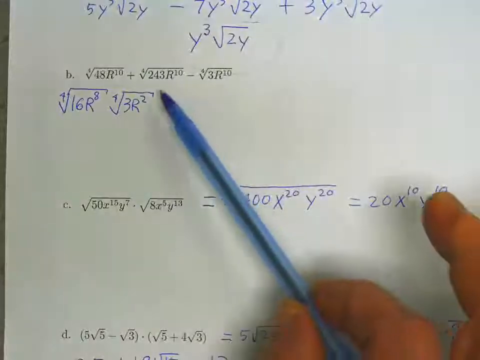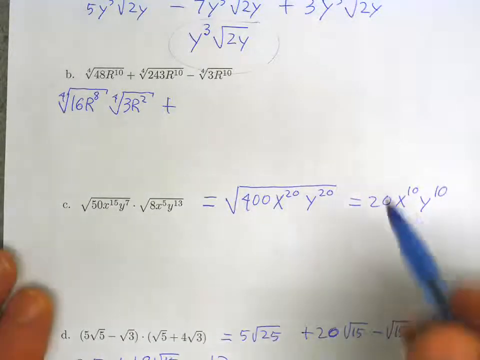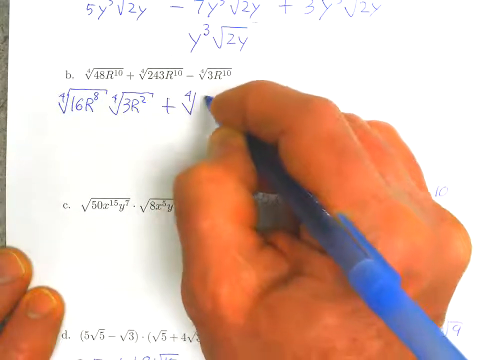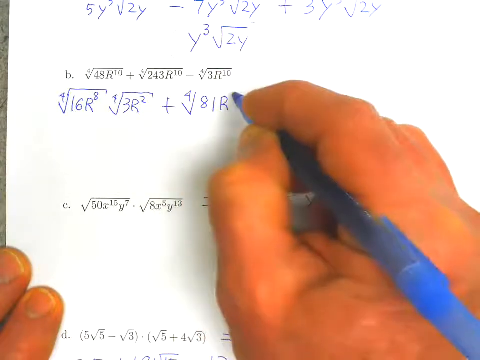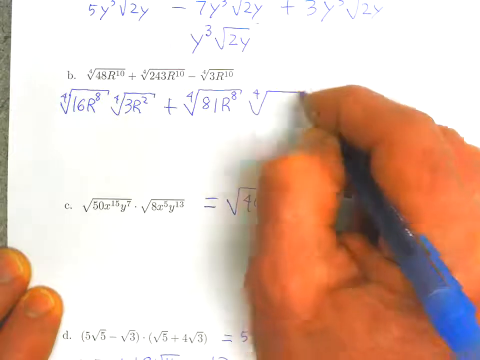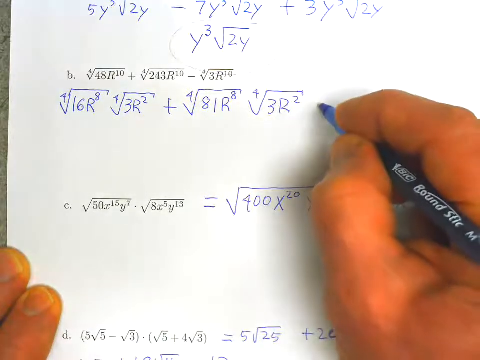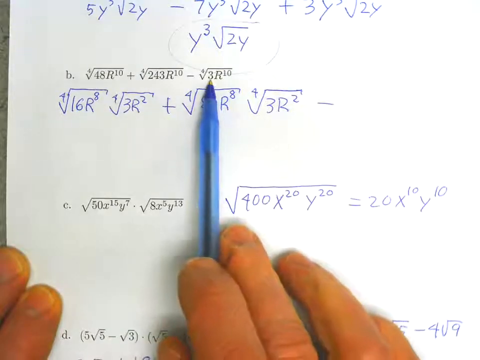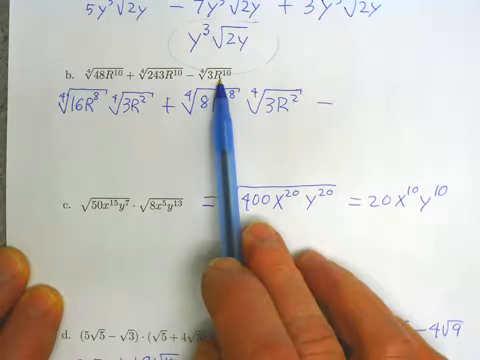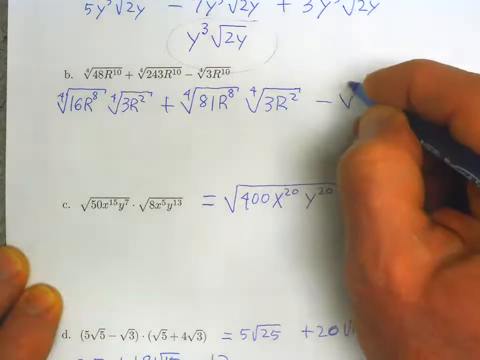Then the largest factor of 243 that's a perfect fourth power is 81. So you can rewrite the next term as the fourth root of 81r to the 8th times the fourth root of 3r to the 2nd. And then in the next radical, the numerical factor can't be simplified further, but the largest factor of r to the 10th that's a perfect fourth power is r to the 8th.